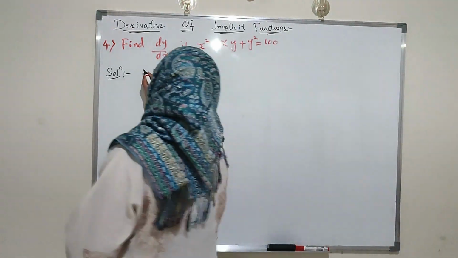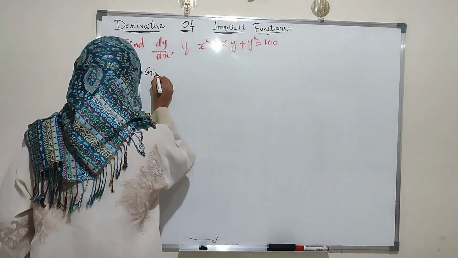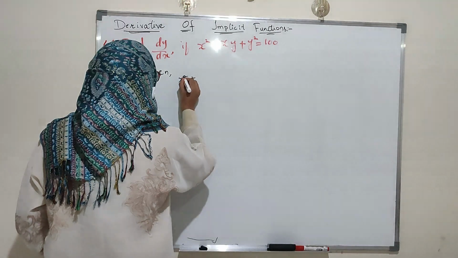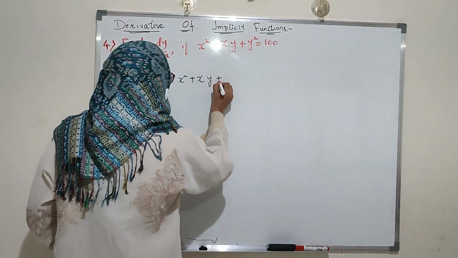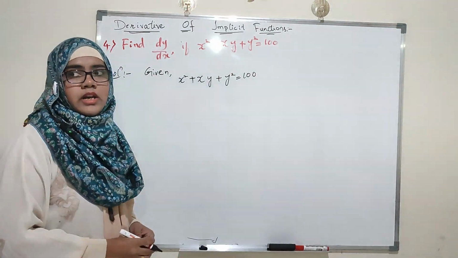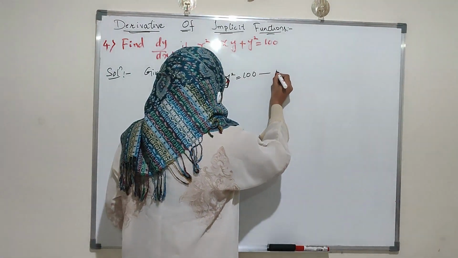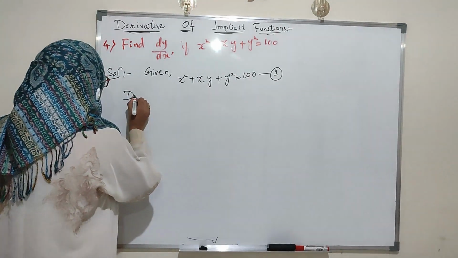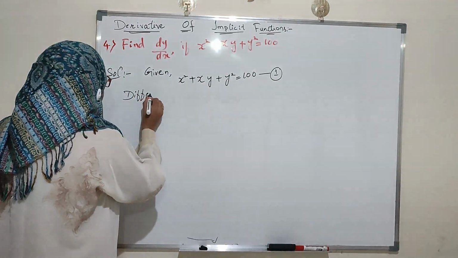See here, first write the solution, given what is given to you. x square plus xy plus y square is equal to 100. Okay, name this one as equation 1. Now differentiating equation 1 with respect to x, we will get.